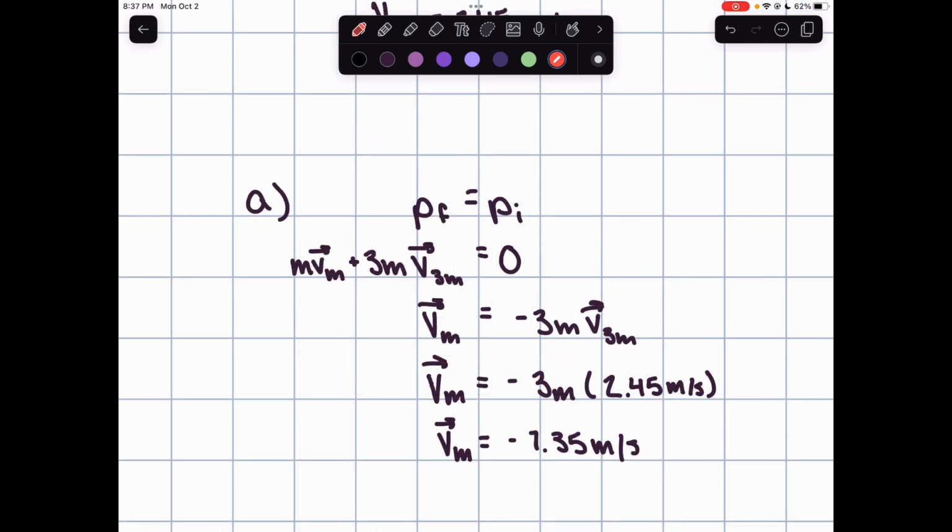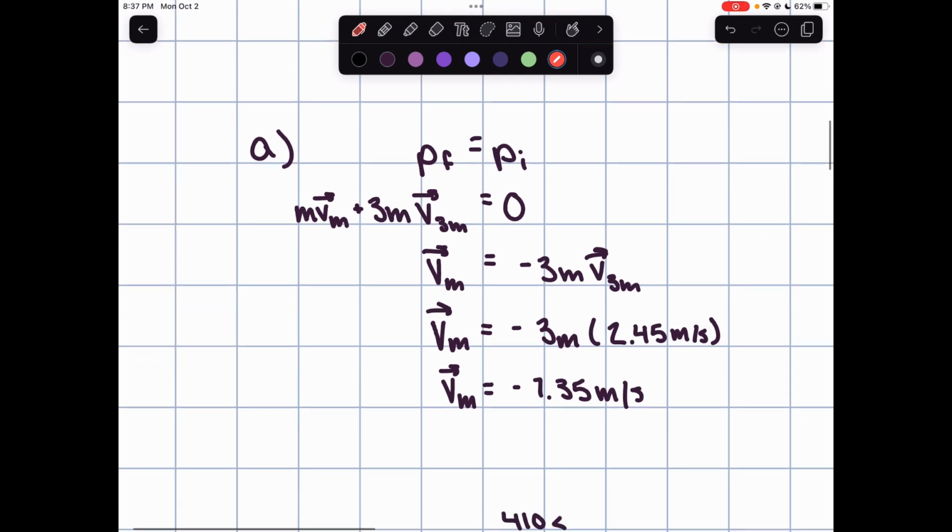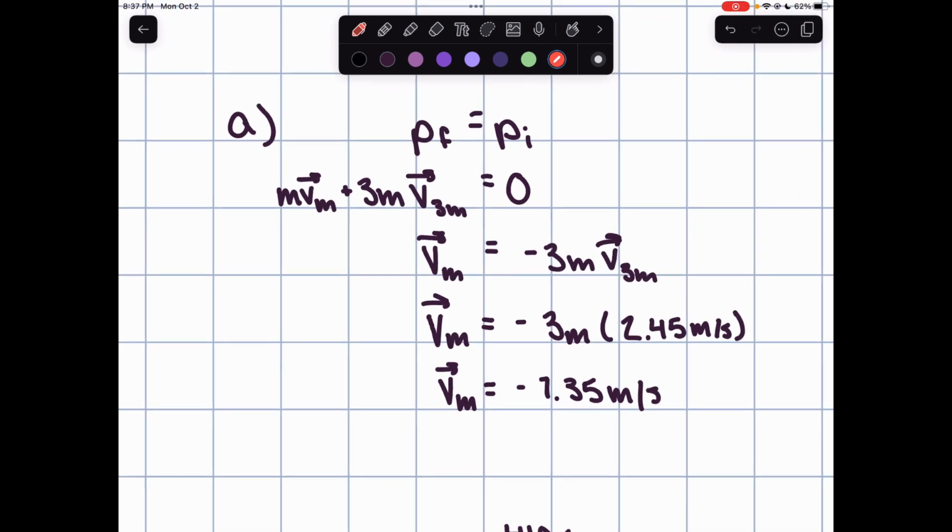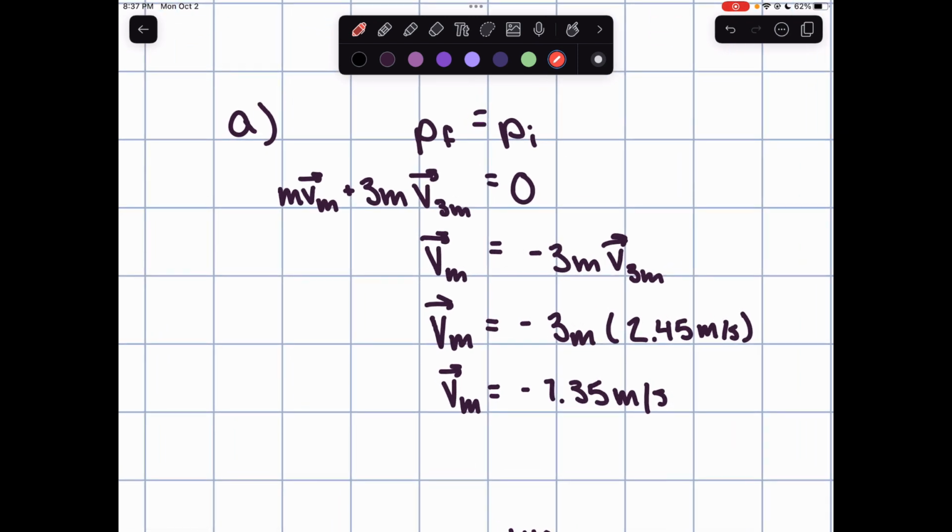Now that we know momentum is conserved, we can work on the mathematical portion of part A. So we know the final momentum is equal to the initial momentum. From there, we can derive the equation: mass times velocity of the smaller block, m, plus 3m times the velocity of 3m, the bigger block, is equal to 0.